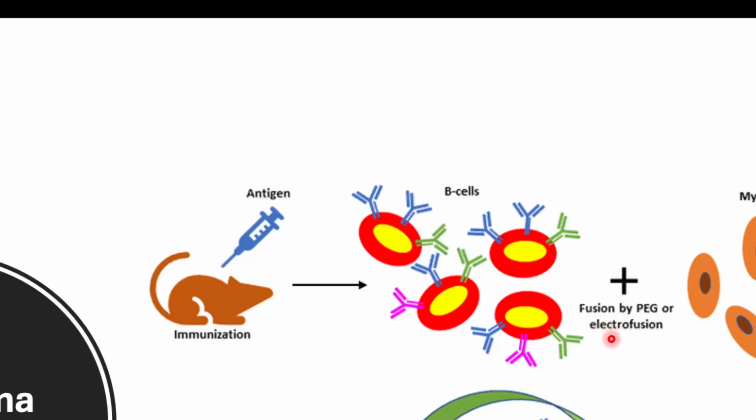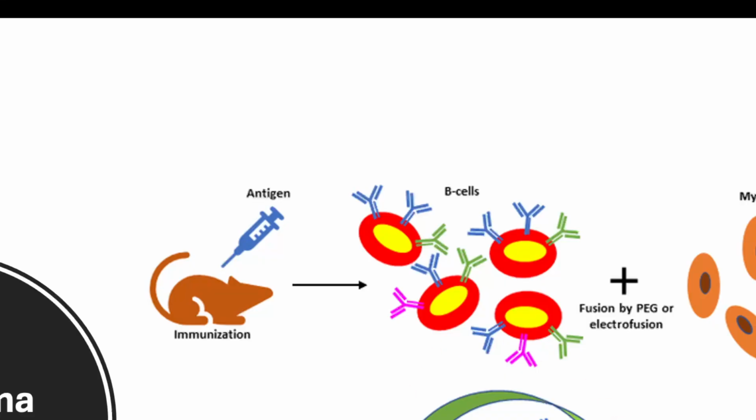With fusion by PEG or electrofusion, the B cells can be fused to myeloma cells to produce a heterokaryon. And then we have something which is known as hybridoma cells. Hybridoma because it is a hybrid between a B cell and a myeloma cell. Now we have a hybridoma cell expressing receptors of the B cells. Now these hybridoma cells are selected via multiple steps using selection medium and antibiotic screening to screen for the particular antibody which is recognizing our cognate antigen.